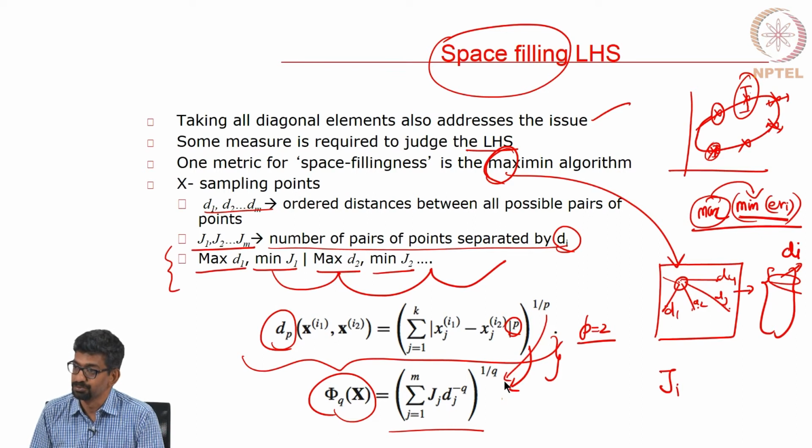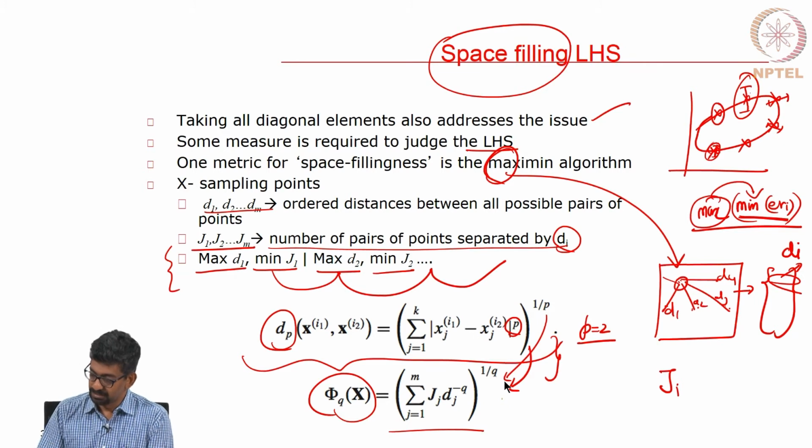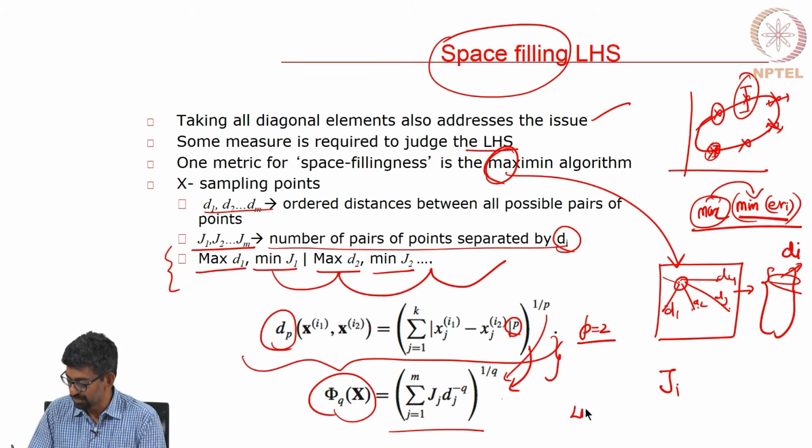The q is usually defined by us, we usually keep it as 0.5, but you can also change it accordingly. So, this is the criteria that you want to max min, that is what you will try to do. This is the criteria that you want to maximize, I mean you use the max min algorithm to deal with this particular criteria. This is your LHS phi criteria that they say.